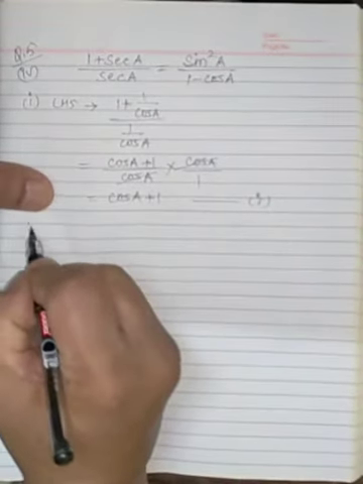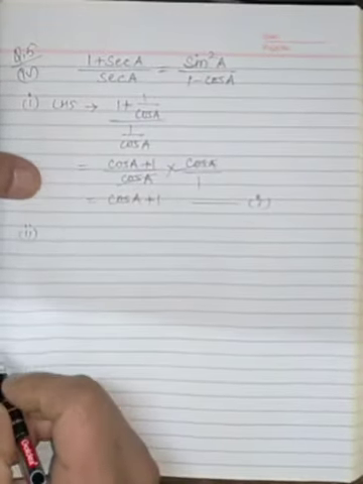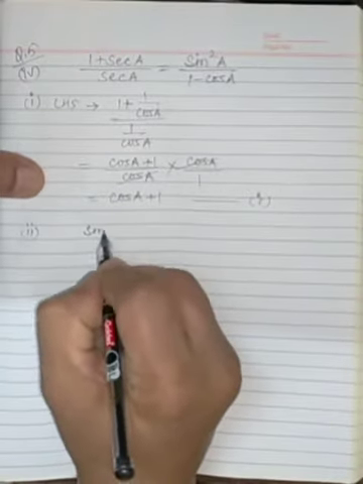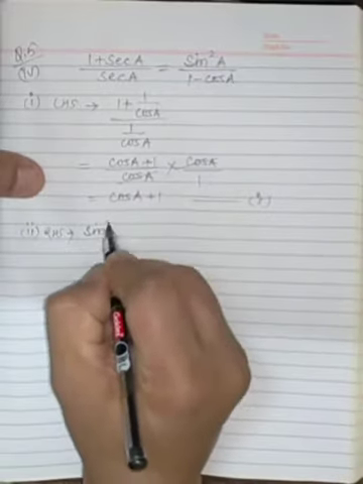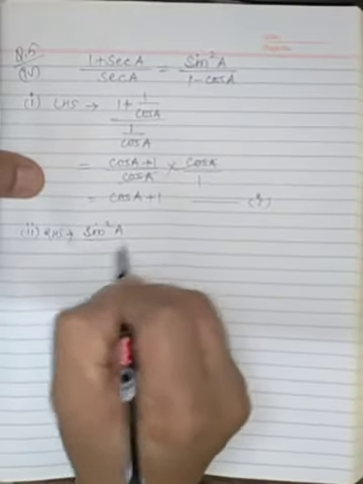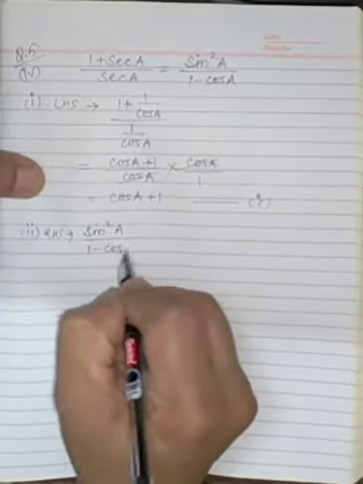Now in second part we have RHS, that is sine square a upon 1 minus cos a.